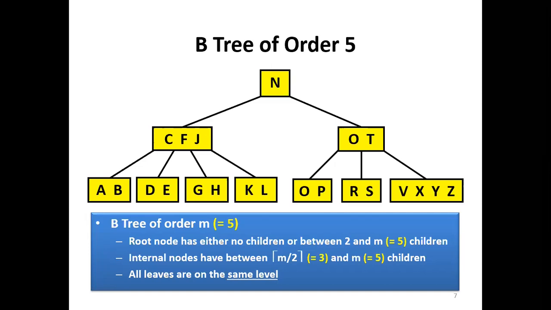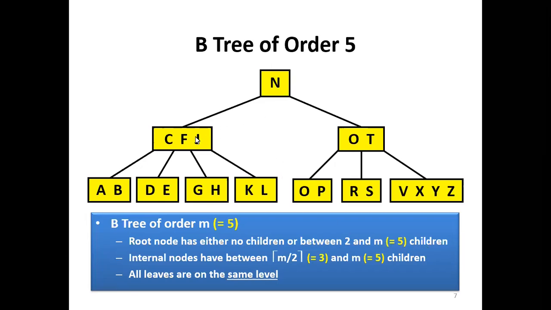We'll see examples about this, how we can split the node. If you look at this B tree, we see the maximum number of data items we have in each of the nodes is 4. Now it says here that the root node has either no children or 2 to m children.